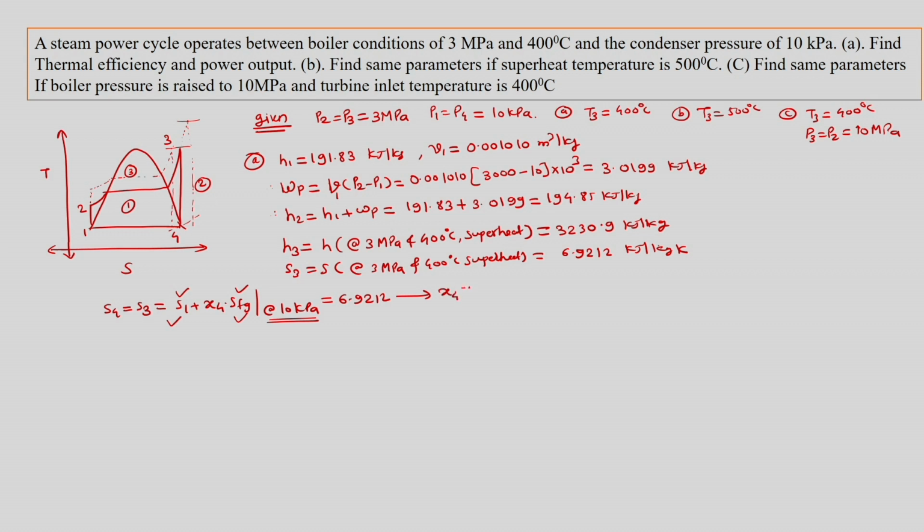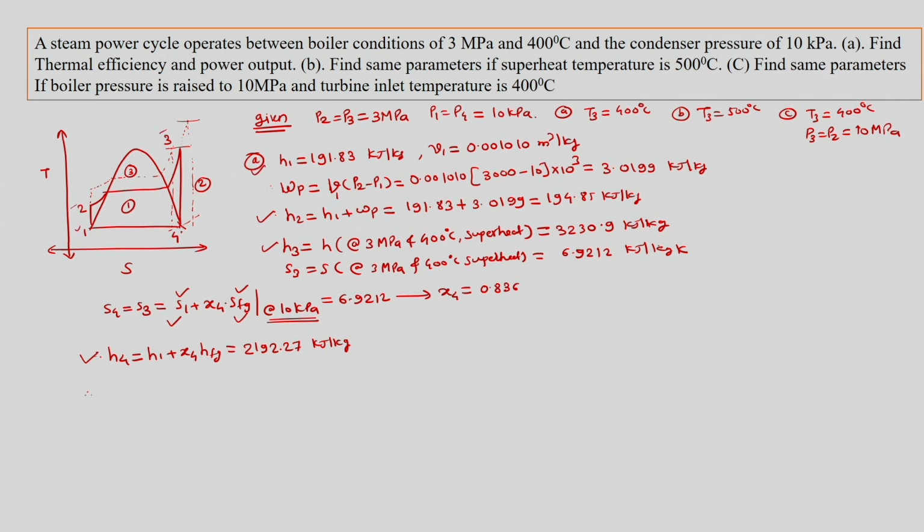This gives us X4 as 0.836. So we have H4 is equal to H1 plus X4 into HFG. This helps us find the enthalpy, which is 2192.27 kilojoule per kg. So we now have everything: H4, H3, H2, H1.